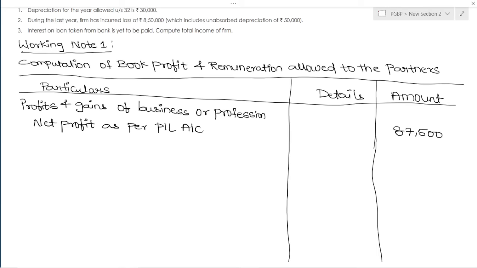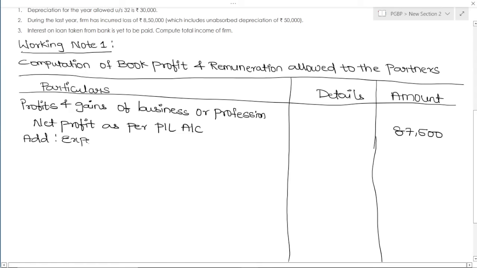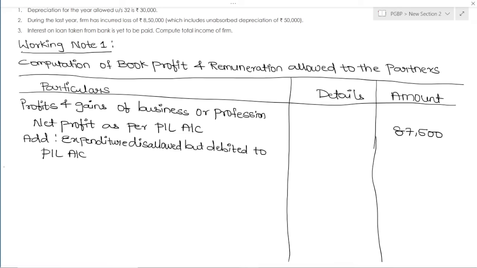Write down: Add expenditure disallowed but debited in P&L account.